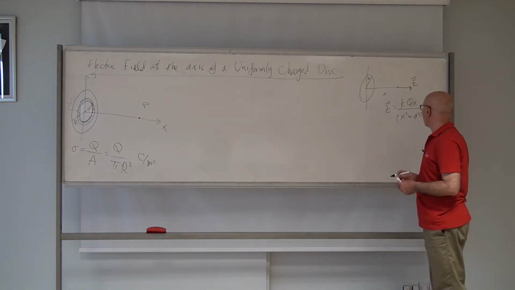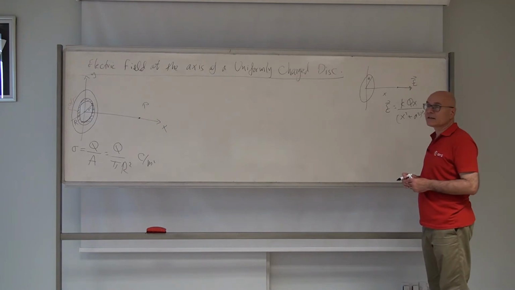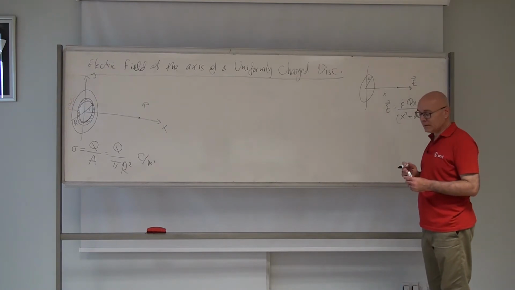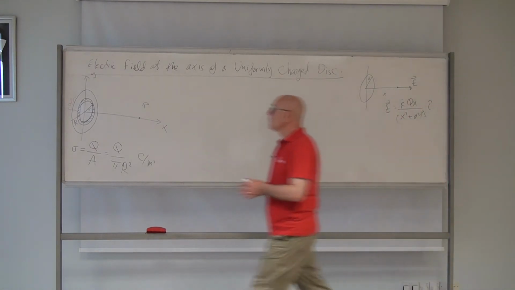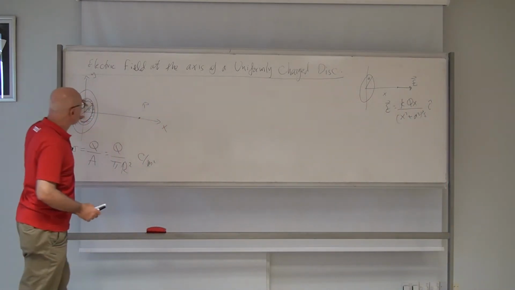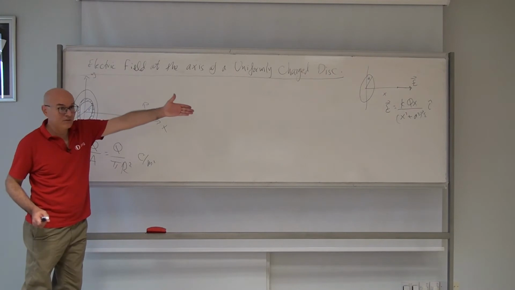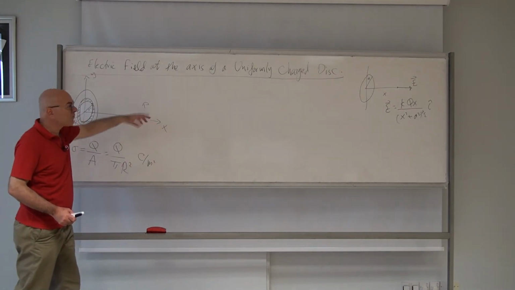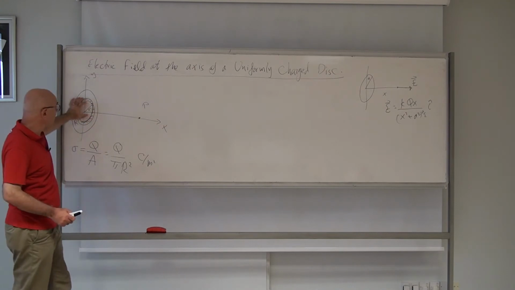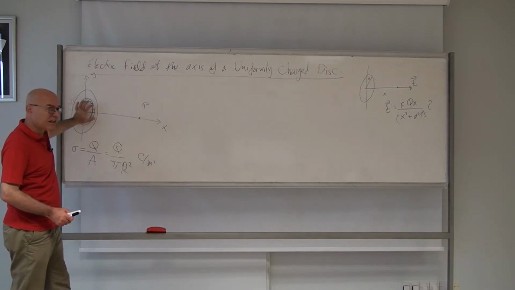So this was the expression for the electric field of a ring, and it was along the x-axis. Therefore, each of these rings will contribute an electric field given by this expression, along the x-axis. Of course, the variables here will correspond to each ring by itself.